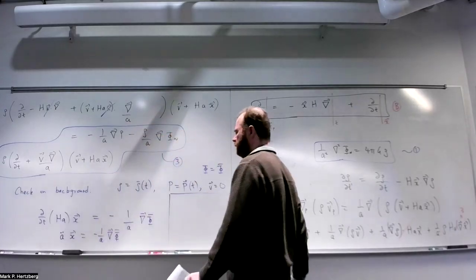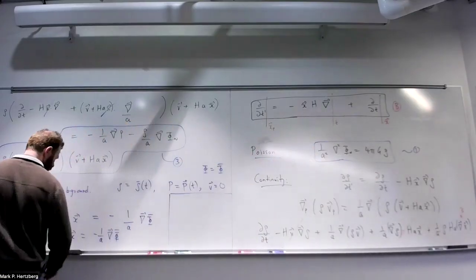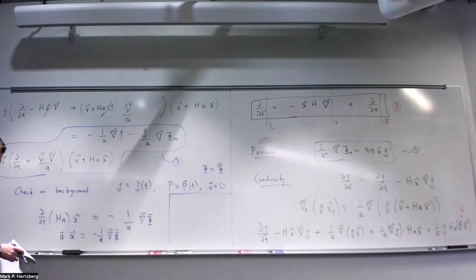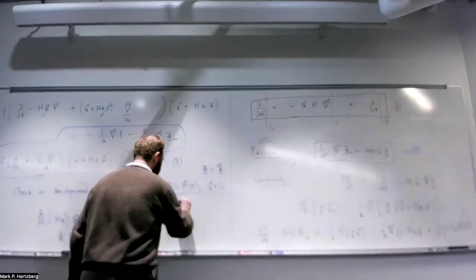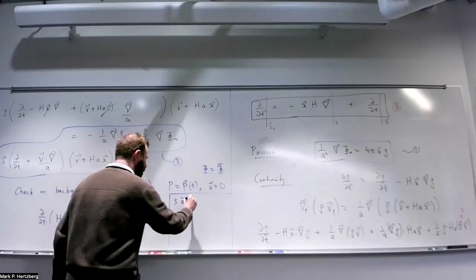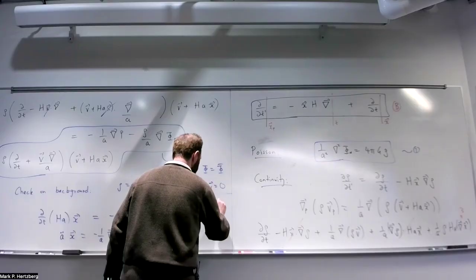Now I take the divergence of this equation. Div x we know is 3. So I get 3 a double dot equals minus 1 over a, the Laplacian of phi.